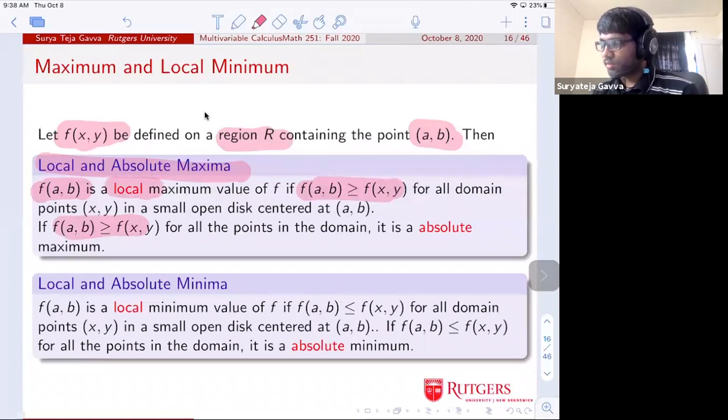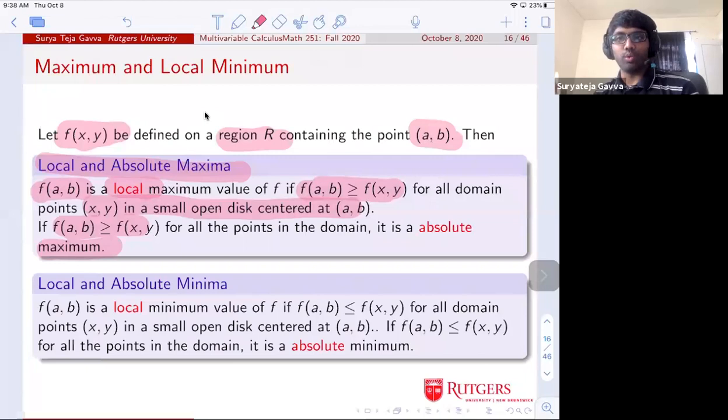But if it is greater than every value in the domain, then it's called the absolute maximum. If it is greater just in a small disk in a neighborhood of that point, it's called a local maximum. If it is greater than every value in the domain, it's called the absolute maximum.